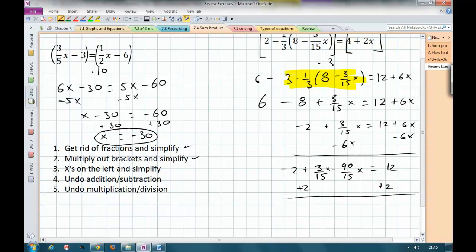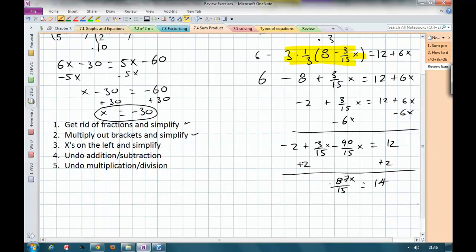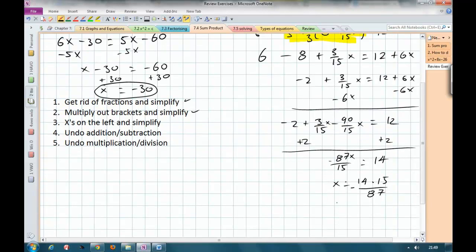Okay, so that will give me minus 87x over 15 after doing a plus 2 will be equal to 14. Now x will be 14 times the 15 divided by the 87, and I need that to be a minus.